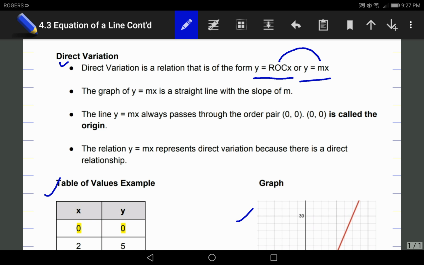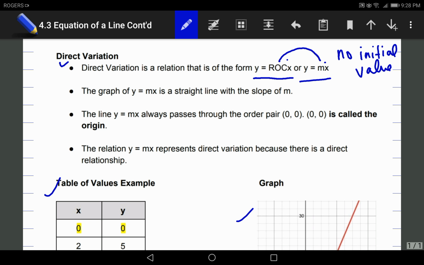Okay? Notice that there's no initial value here. Do you see that? There's no b value in this equation here, no plus or minus b, or plus or minus initial value. So that is a big thing here that has to do with direct variation.